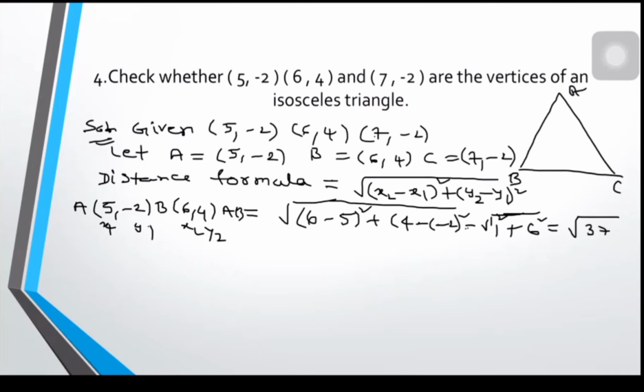Next BC. B point 6 comma 4, C point 7 comma minus 2.